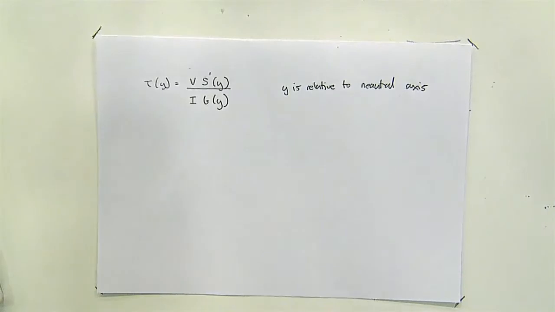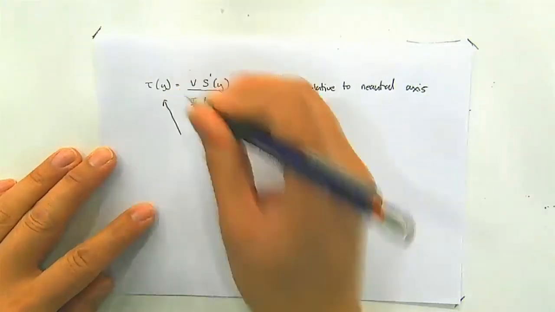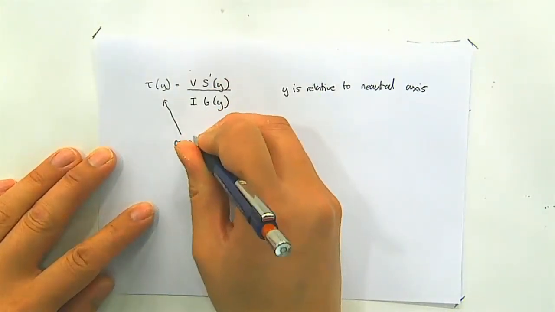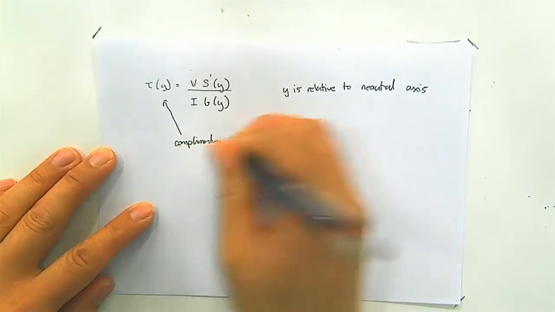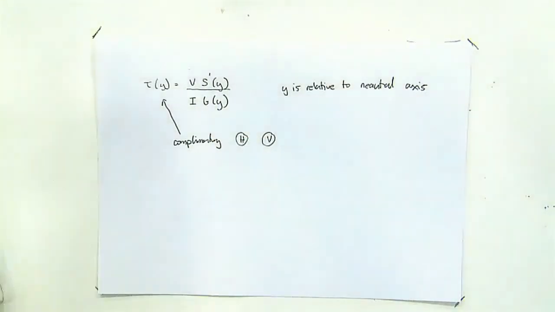We've got an equation that can tell you what shear is. Remember that shear is complementary, so there's the horizontal and there's also the vertical component.